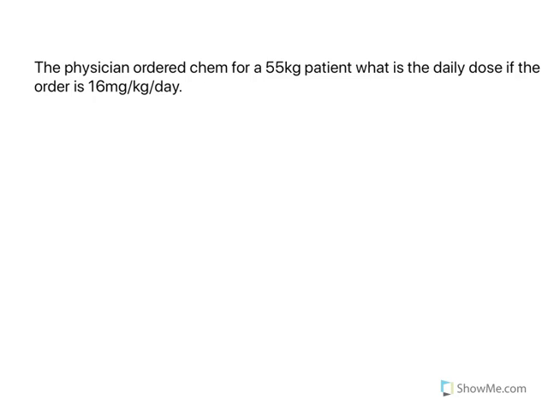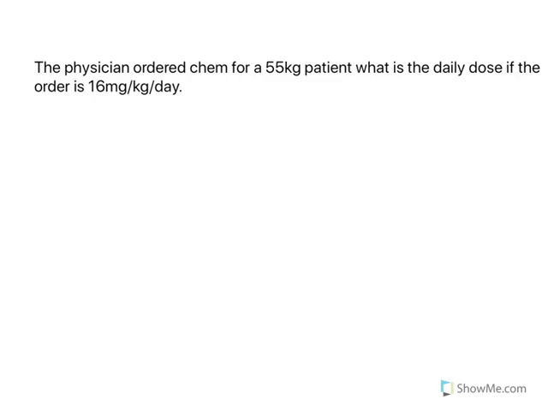Next problem. The physician ordered chemo for a 55 kilogram patient. What is the daily dose if the order is 16 milligrams per kilogram per day? So luckily in this question, the question actually gives us the patient's weight in kilograms. So we don't have to do any conversion here. We're already in kilograms.